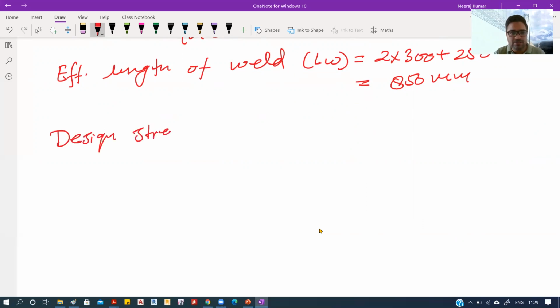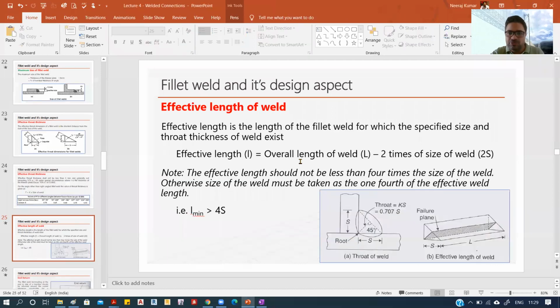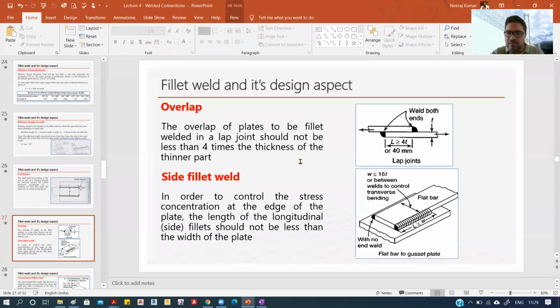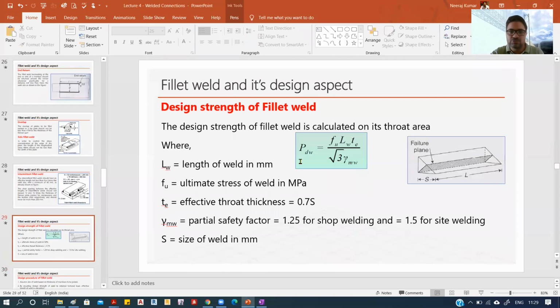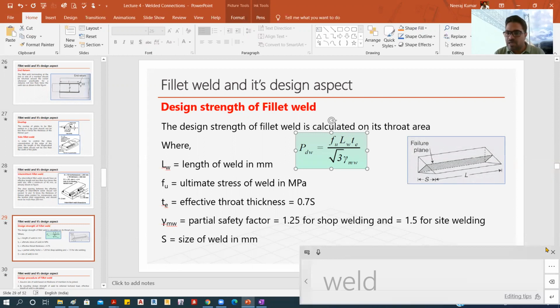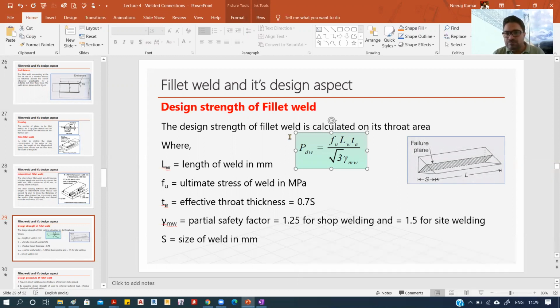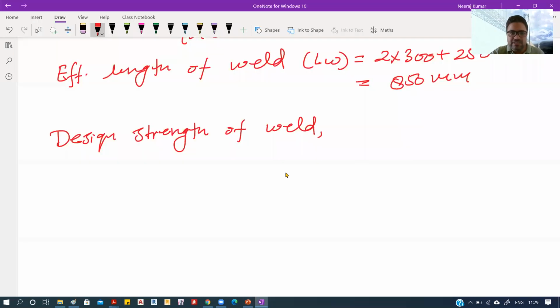Here we are using fillet weld, so I will show you the formula that we generally use to calculate the design strength: PDW = FU, LW into TE, under root 3 multiplied by gamma MW. Now we will write the same formula here.